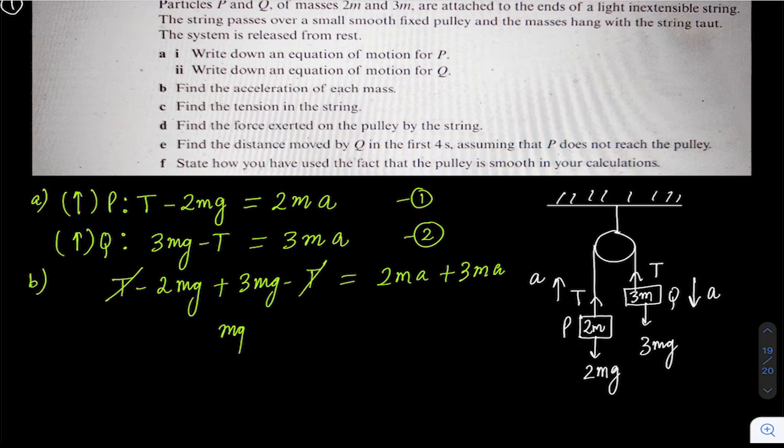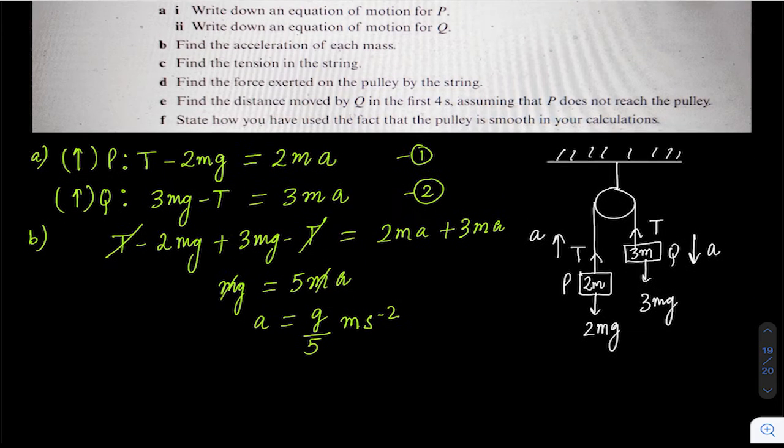So on left side, we are left with mg, and right side we have 5ma. M can be cancelled. So a is coming out to be g over 5 meters per second squared. So this is our acceleration, and this is same for both P and Q. But on P, acceleration is upwards, and for Q, acceleration is downwards.